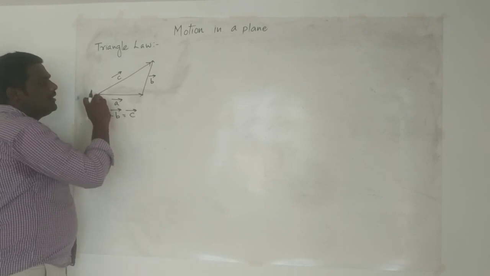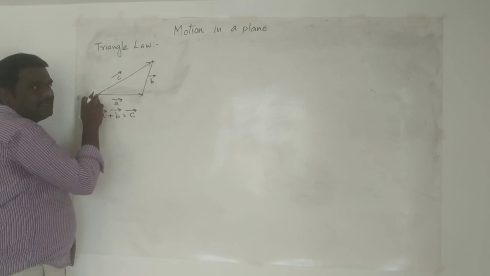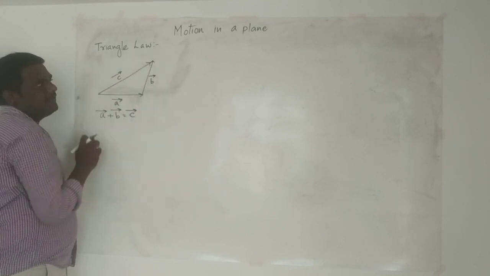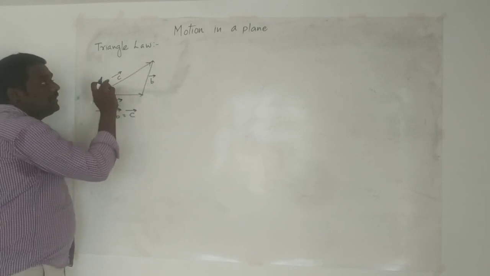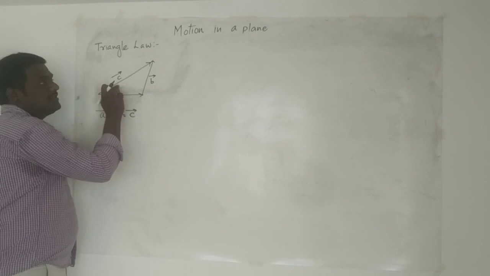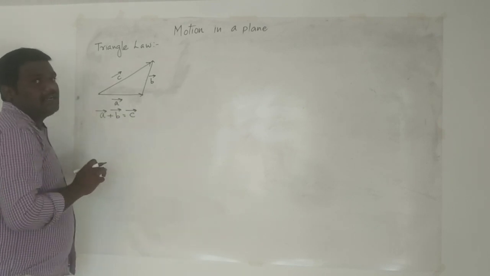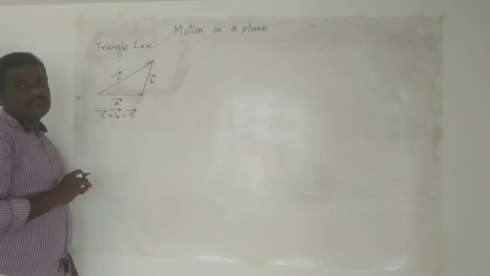Reverse means in the place of the tail I will put the head, and in the place of the head I will put the tail. So that is what reverse is. So the arrow mark I have taken in reverse. Now the third side, which is the closing side taken in reverse order, represents the resultant of the two vectors.